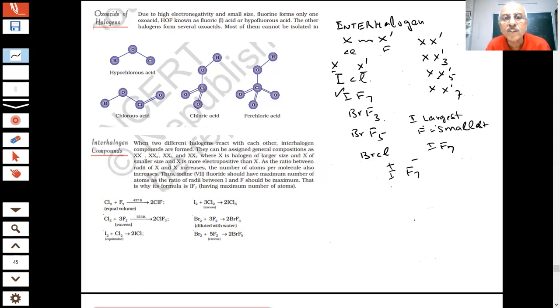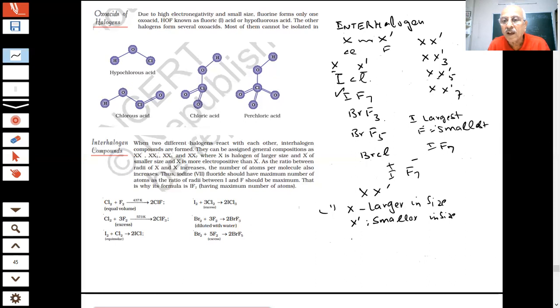So these ions, you can say, are negative and positive in terms of their electronegativity, different students. So we can say that in X X dash, X is larger in size and X dash is smaller in size.